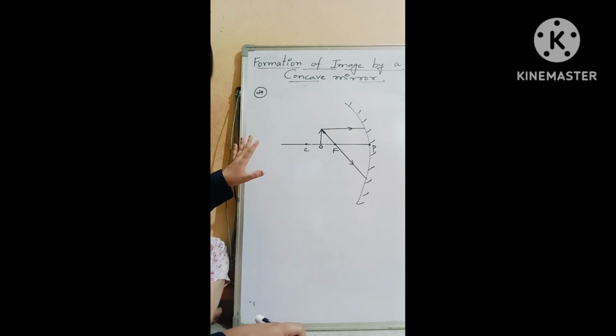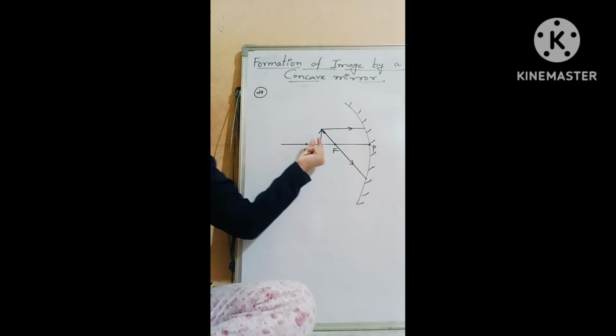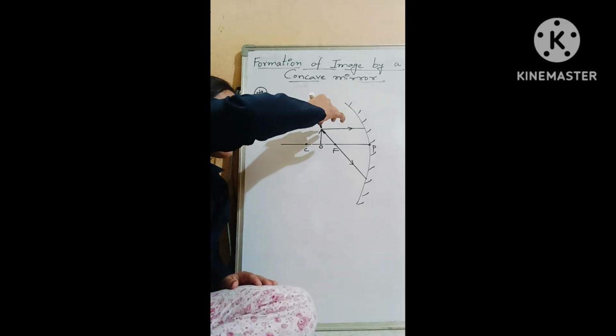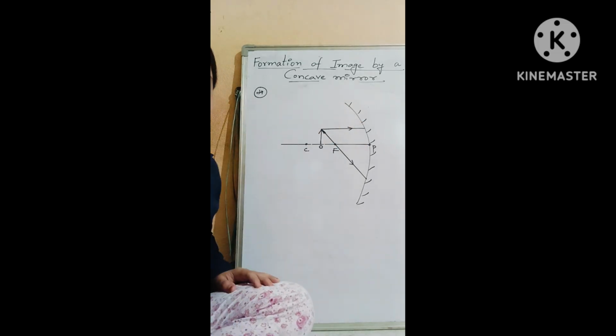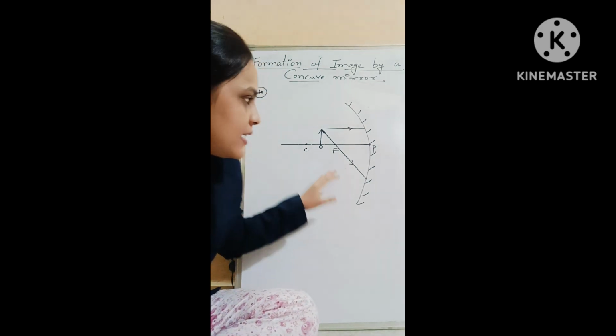So now in the fourth case, you can see that the object is in between focus and center of curvature. See, already 3 cases completed, like the object is placed at infinity, then beyond the center of curvature, at C completed, now in between F and C. Now, this is the object. From the top, I considered 2 rays. As in the 3 cases, here also we considered 2 rays.